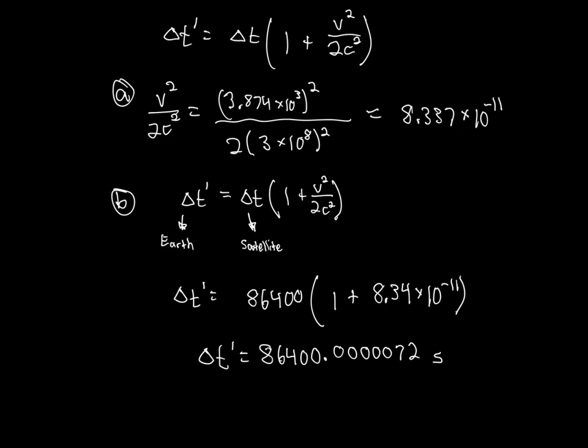Times the whole quantity, 1 plus 8.34 times 10 to the negative 11. Parentheses. You should get 86,400.0000000072. Make sure when you plug it in your calculator, it's rounding to that many digits.